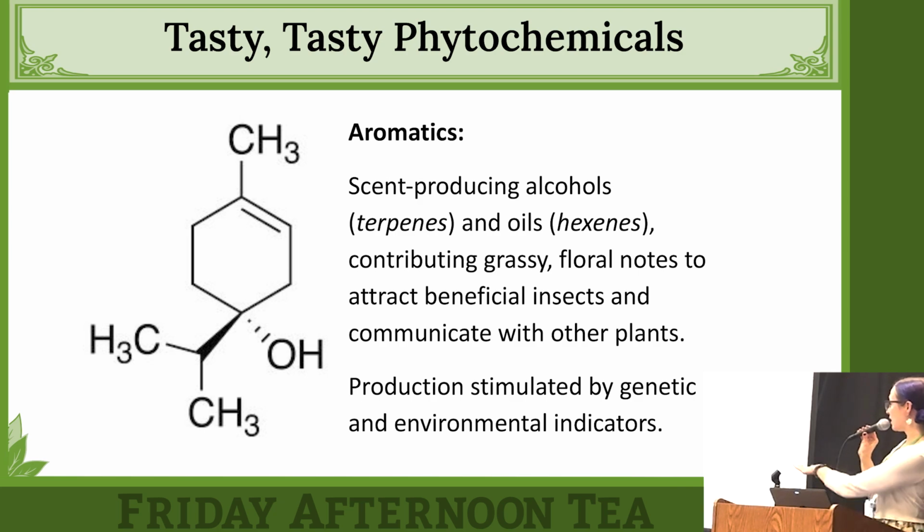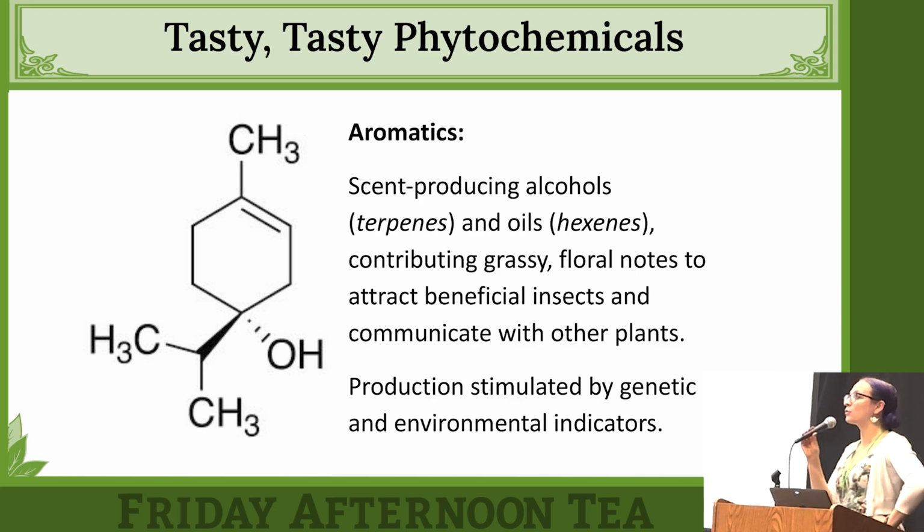So we do get our environmental indicators here, of course. And the most important environmental indicator in this particular case is violence. We're getting bruised, we're getting damage. Often after a really heavy rain, a monsoon, something like that, there will be this intense wave of grassy and floral aroma because the plants have been bruised. And so it's releasing all of that.